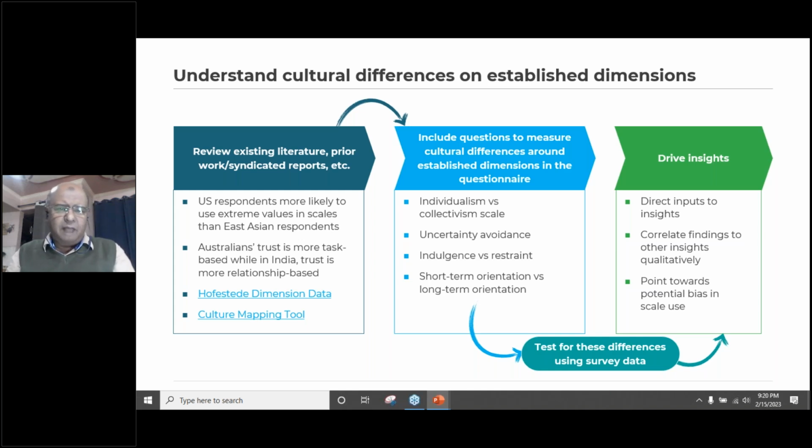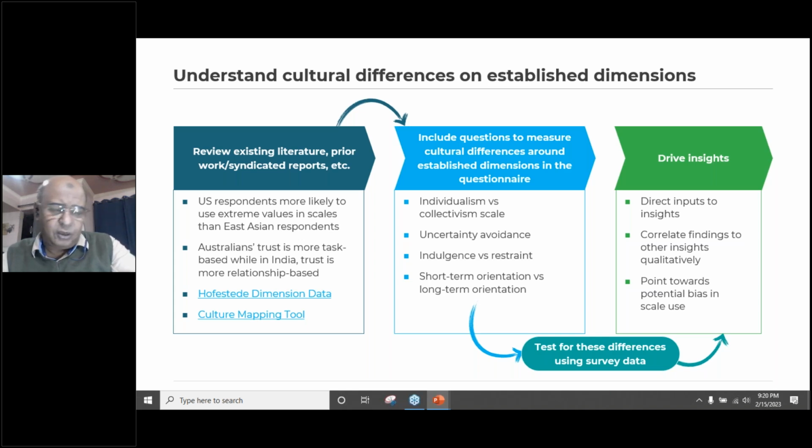Now, when that happens, what we need to ensure is that the same concept is measured equivalently across different cultures or different cultural groups. To deal with that, we need to deal with it while preparing for the research. And here, sometimes background research and established results are helpful.